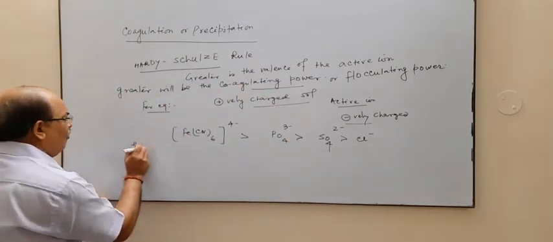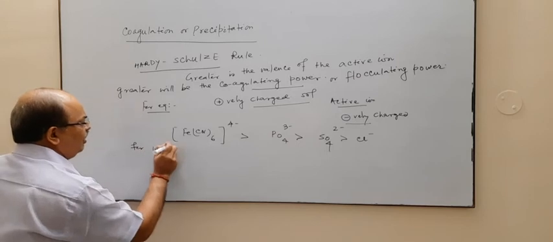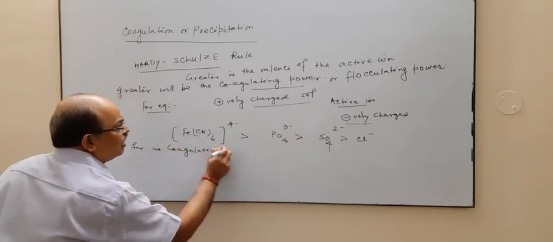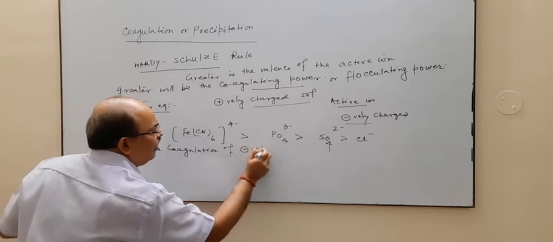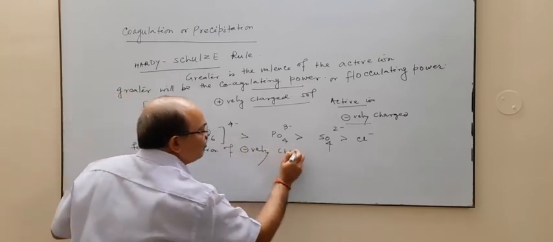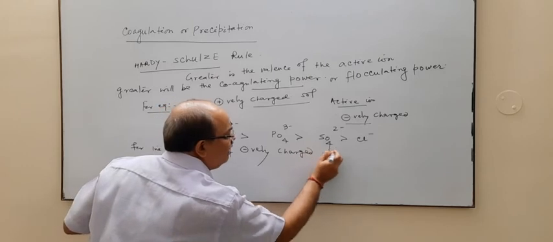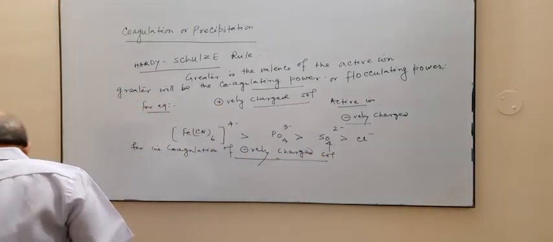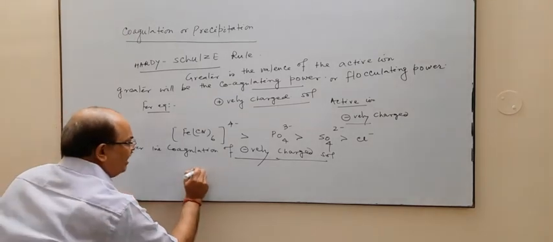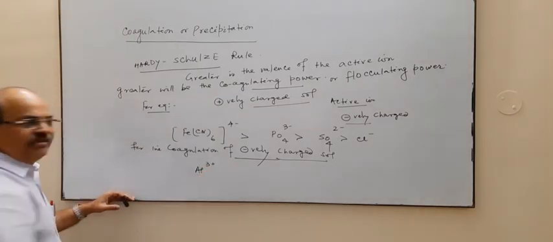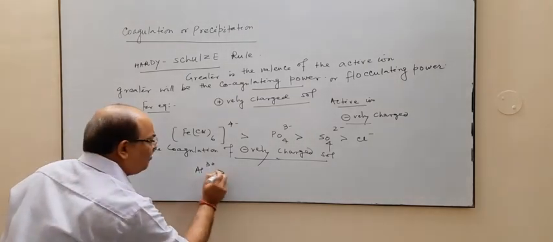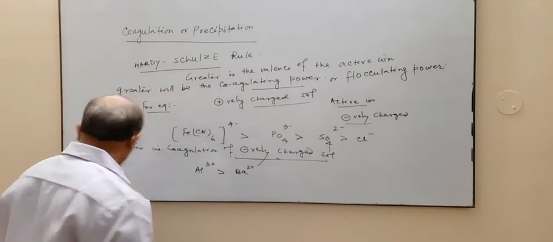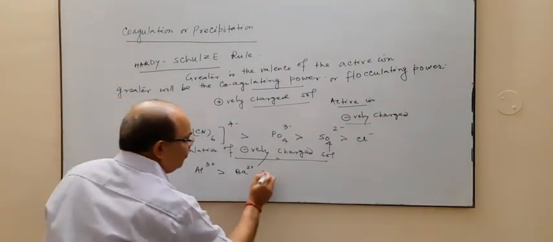Similarly, for the coagulation of a negatively charged sol, we can say aluminium ion Al3+ has the maximum power, then we have barium ion or magnesium ion, and then we have sodium ion.